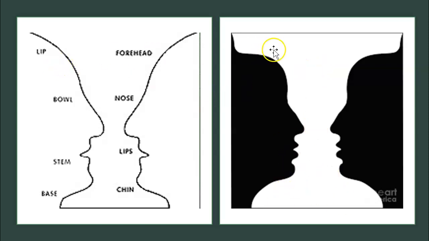You can see the lip right here, then the bowl part, and the stem with the base. Now, if we look over here, it's a face. It comes down, here's a forehead, a nose, lips, and a chin, and it comes down to the neck. So it's on both sides. It can be multiple things, right?